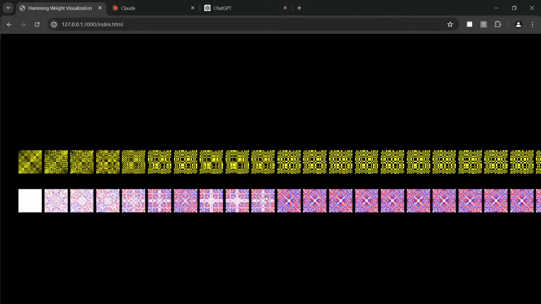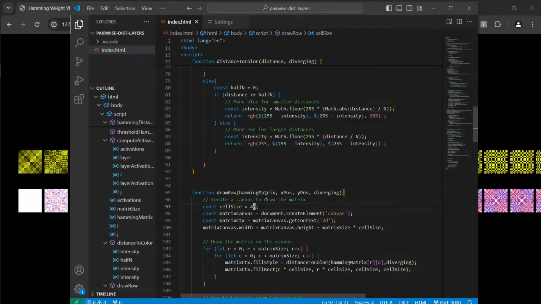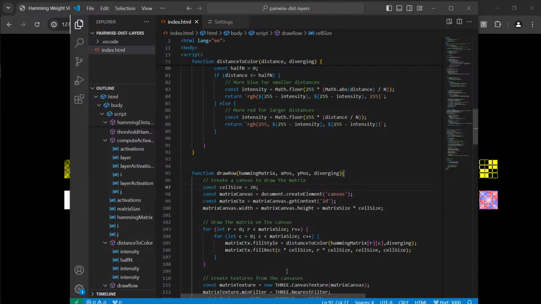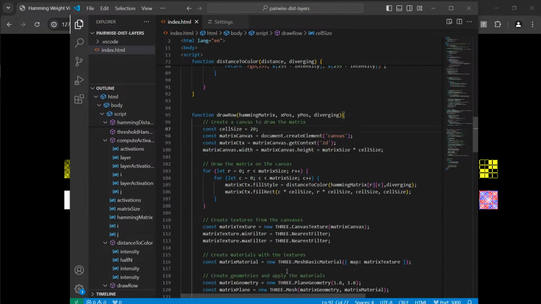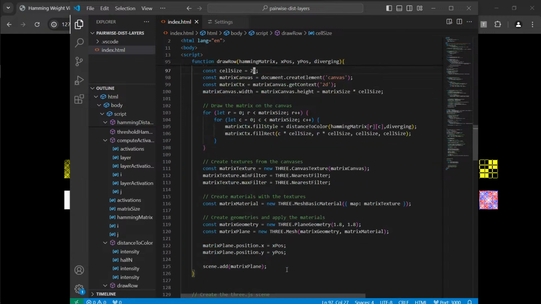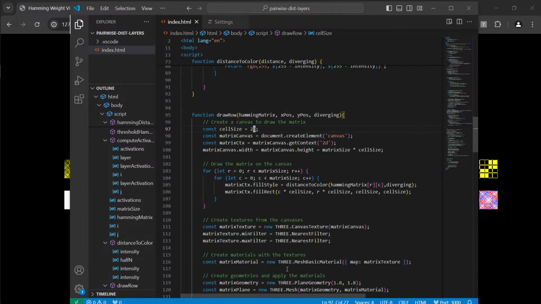It doesn't seem to do anything. Yeah, I'll fill rectangle. Oh, I see. Yeah, I don't think that matters.